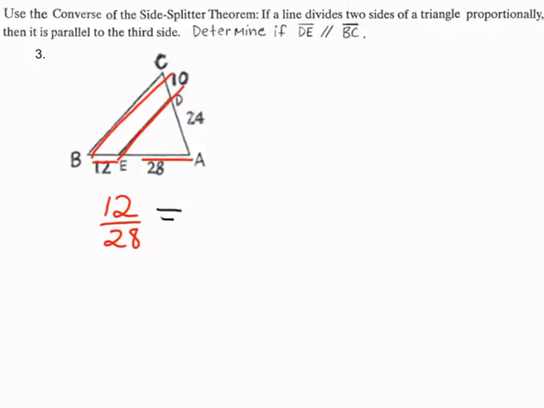The question is, does it equal 10 to 24? Well, let me reduce this. I can go by 4s. So this is going to be 3, and 28 divided by 4 is 7.